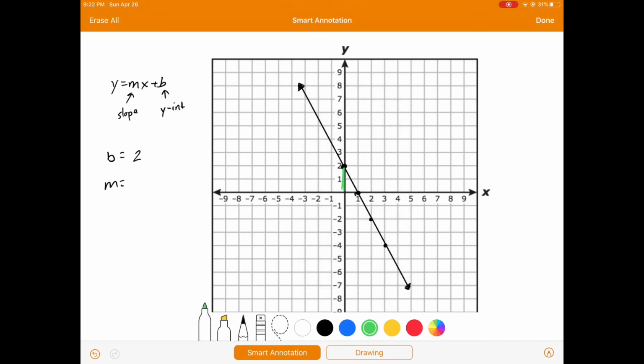I'm going down 2, which means -2, and to the right 1, which means +1. So my slope, if it's rise over run, is -2/1, which simplifies to -2. So I can write my equation as y = -2x + 2.